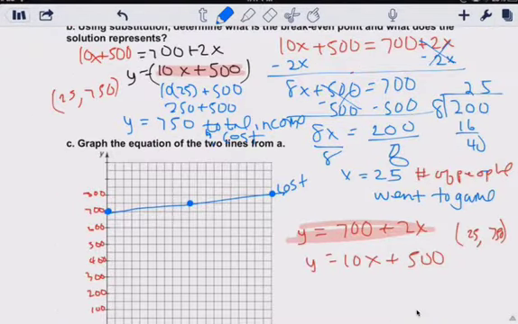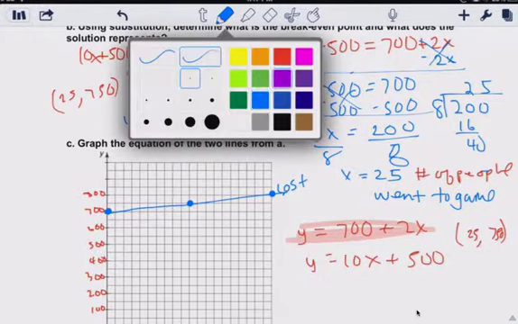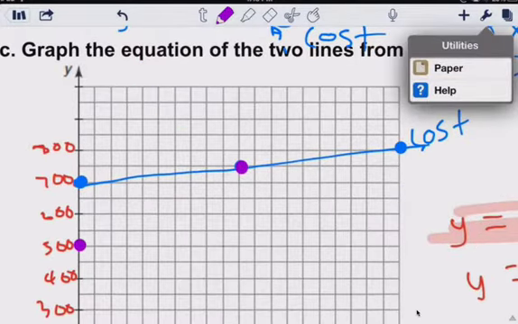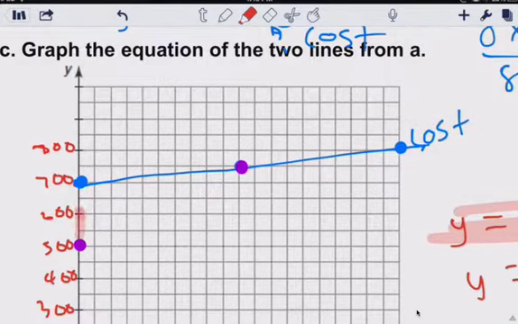The income line is at 500. And they intersect right there. So it went up how many before we turned? 1, 2, 3, 4, 5, and we turn halfway.